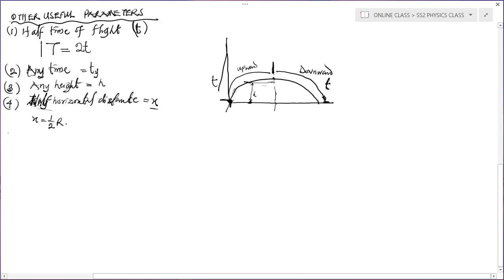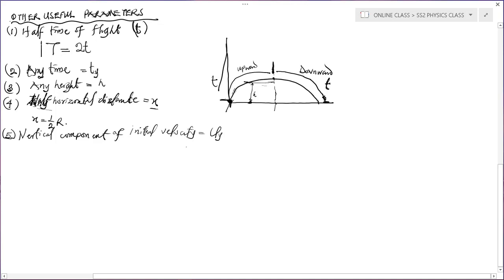If it is half, it means x will just give you half of our other point. Now, another one we need to consider here is the vertical component of initial velocity. That is uy.